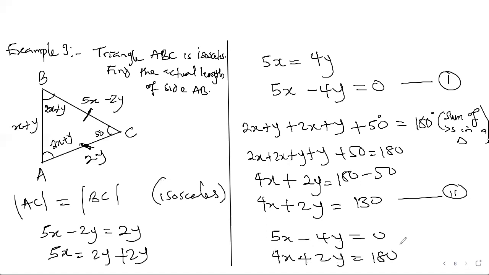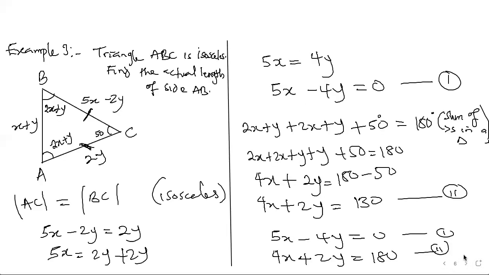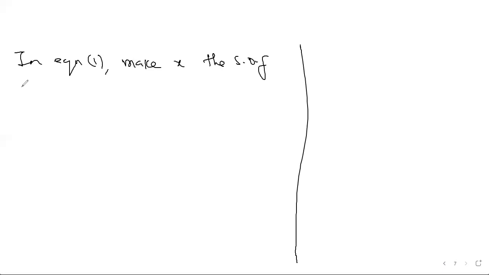So I can use elimination, I can use substitution, but I just prefer to use substitution here. In equation 1, I'll make x the subject of the formula. So if I do that, I will have 5x equals 4y.